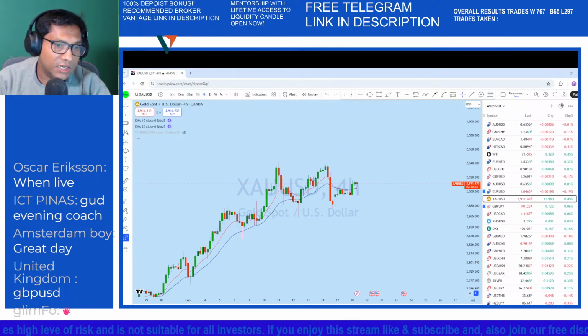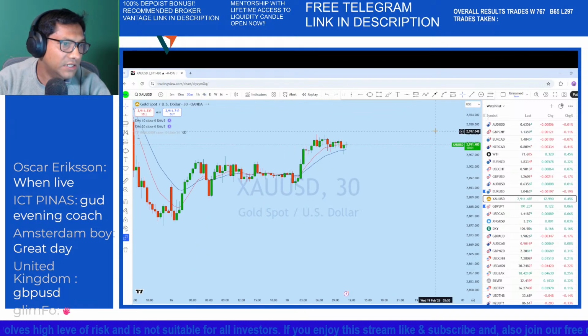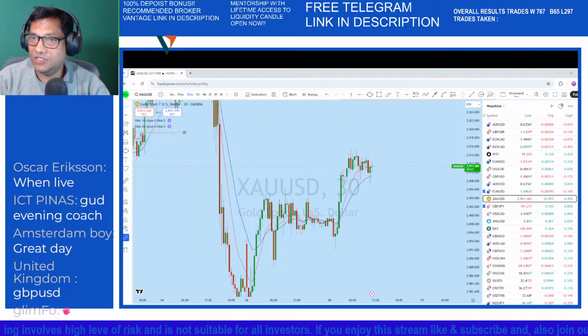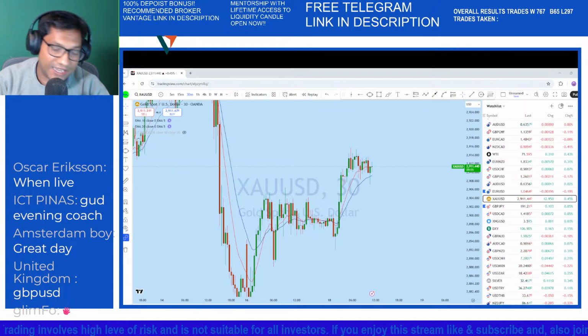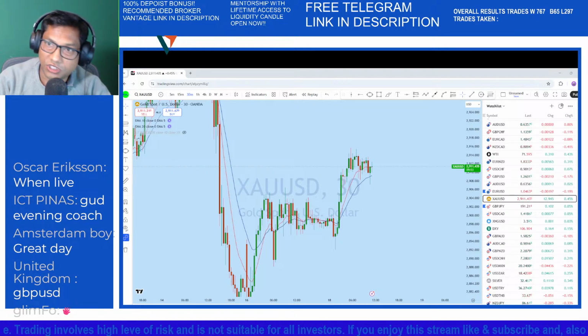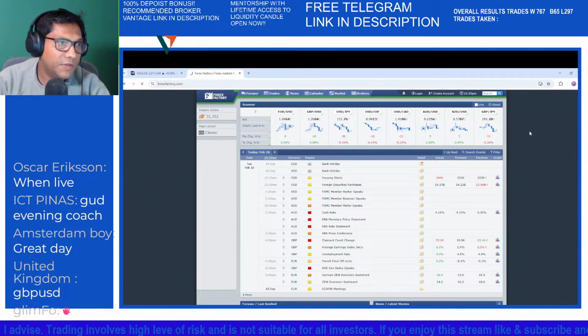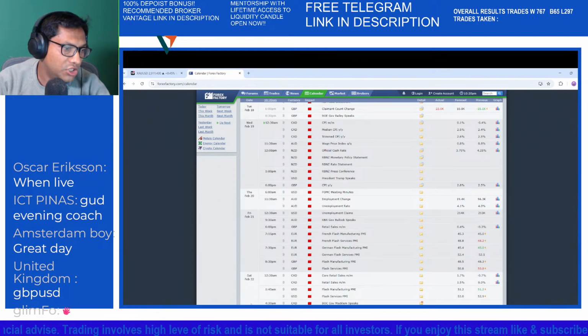XAUUSD, gold, a little sideways move. There is a little bit of sideways movement going on. And as you know, later today there is high impact news coming, which is a good area to look at. Let's look at the calendar here to see where potentially the market is heading.